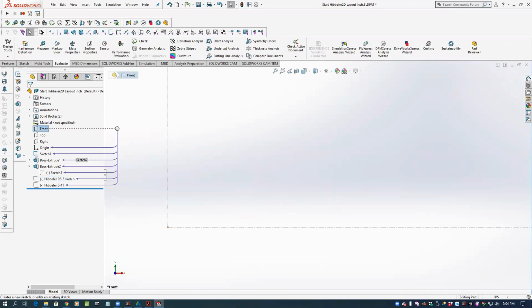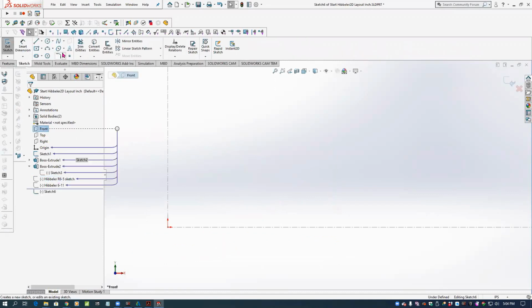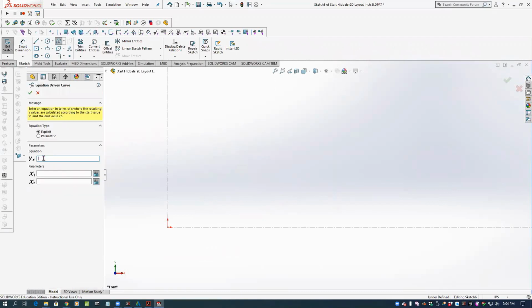In the front view, this is in SolidWorks, I sketch and come up to spline, equation-driven spline, and the function on this was y is equal to, and I'll put in parentheses, 1 divided by 32 times, I use the shift 8, times x caret 3, or up 3, as I go from 0 to 4.